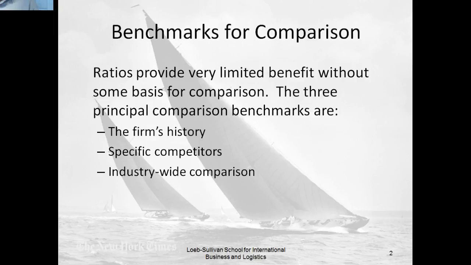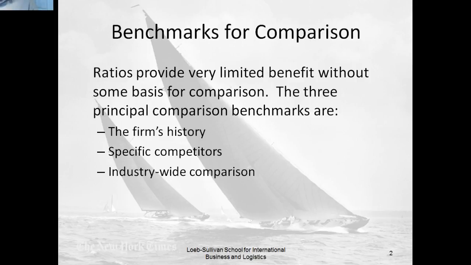So 5 years ago, our gross profit margin, which is a ratio, was 38%. 4 years ago, it was 39%. 3 years ago, it was 40%. What's happening? Our gross profit margin is increasing. Why? What's making our gross profit margin grow? Obviously a good thing, but we need to know why. So that's the kind of thing you're going to do. You're going to use a historical or trend line to understand a ratio.